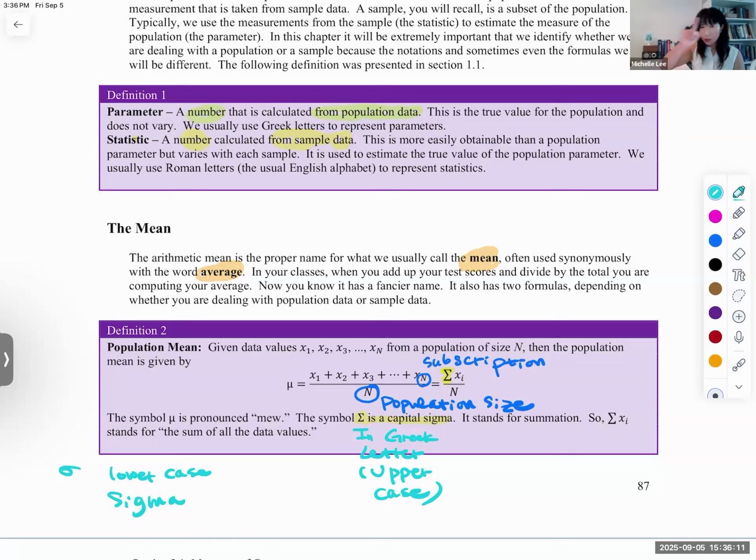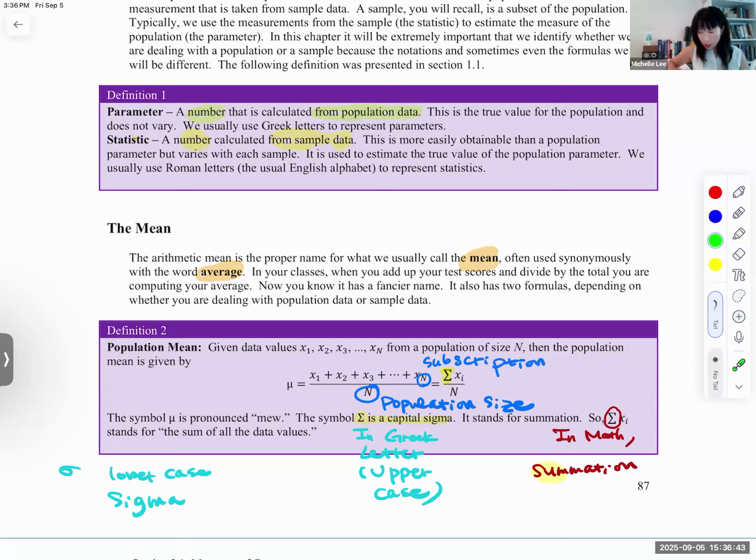In mathematics, we have this symbol, summation. We can notice that it's a sum, which means we add everything up.